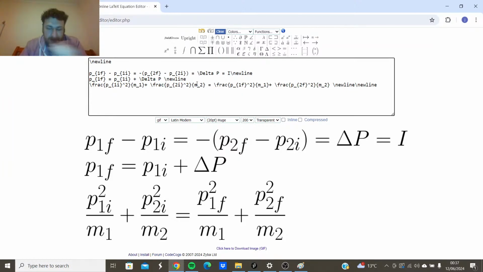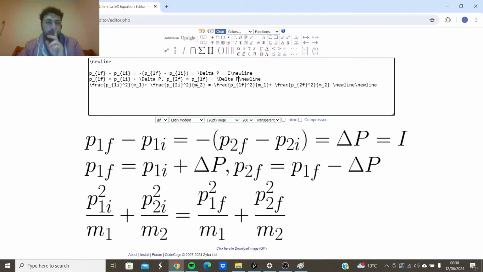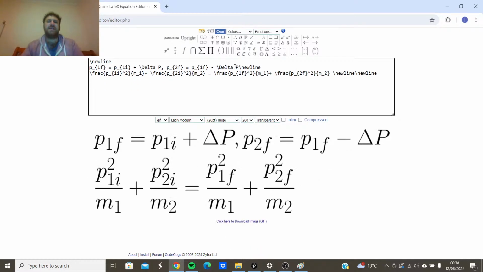That's all right. On the other hand, the negative is true for the other one, so we multiply both sides by -1 and do the same thing. What we'll get is P2F is equal to P2I minus delta P. So now we'll get rid of our top equation, and this is the new set of equations that we will be using.